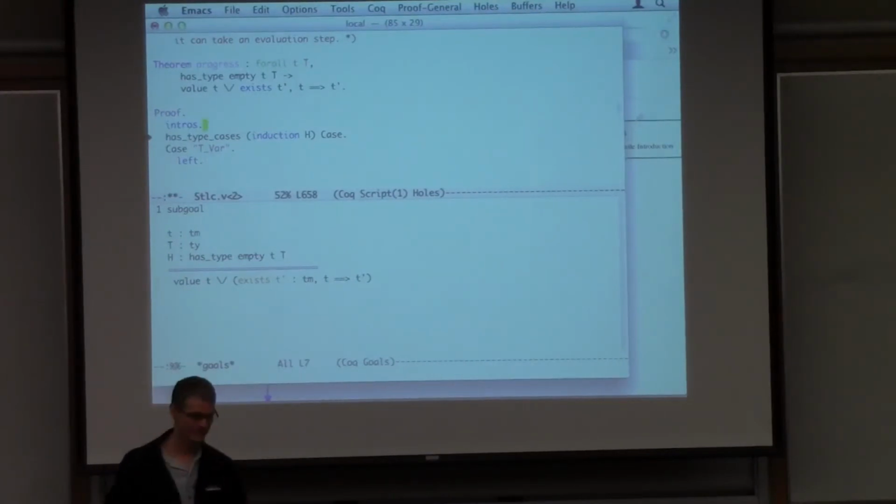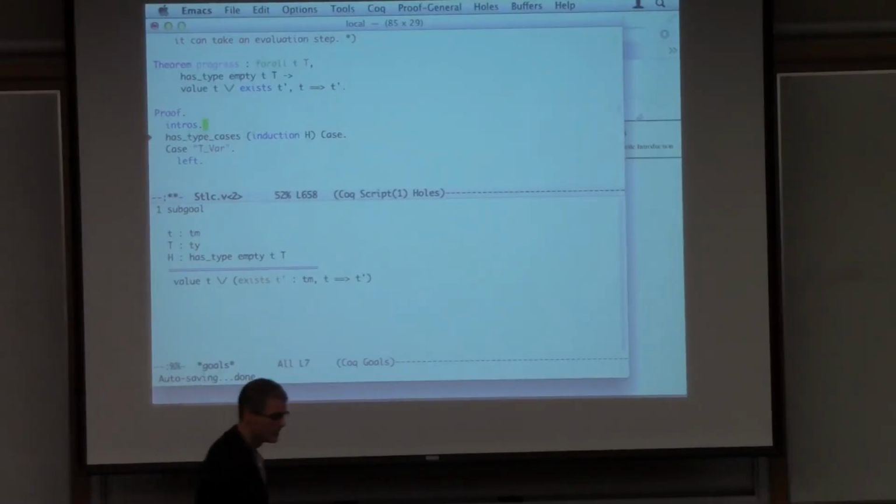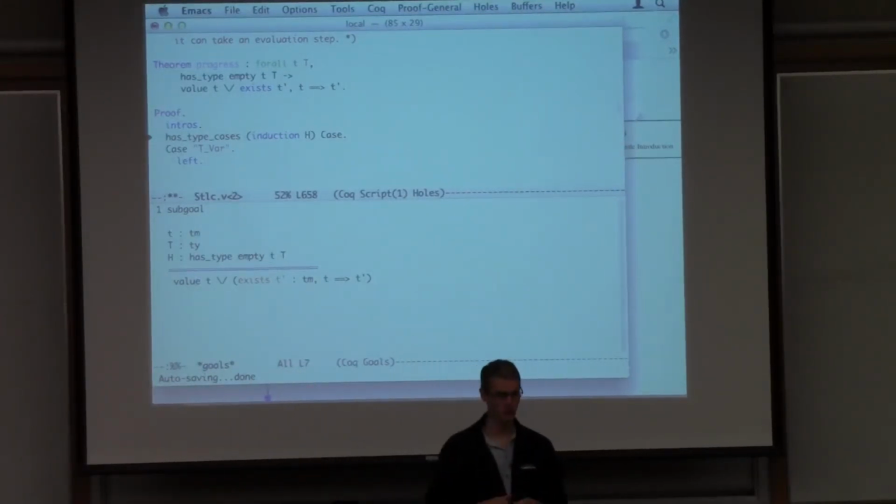So, rule of thumb: never do induction on something where the slots aren't uniformly filled in with variables. So we need to fill in that empty with a variable instead.